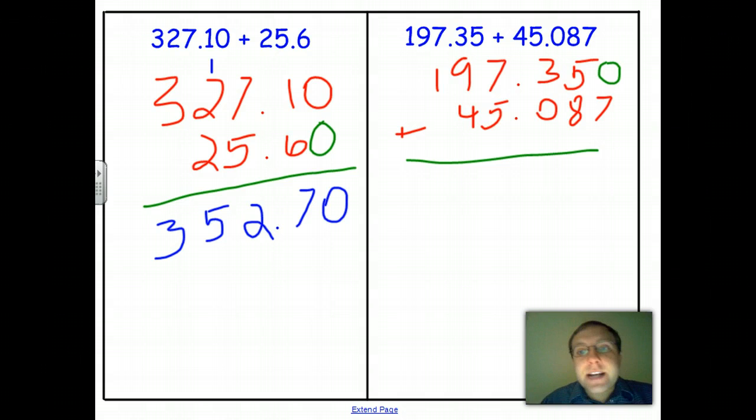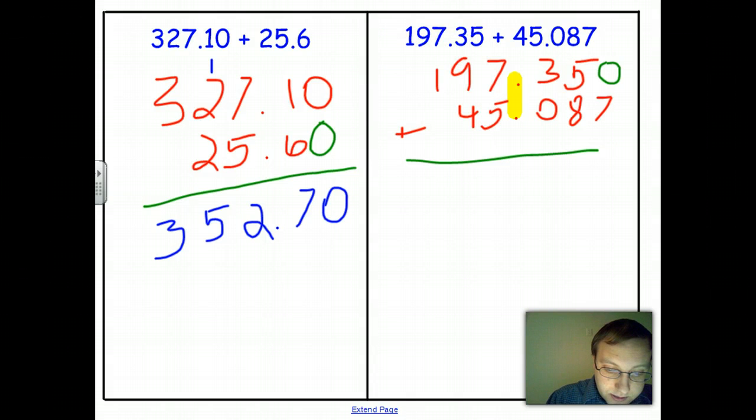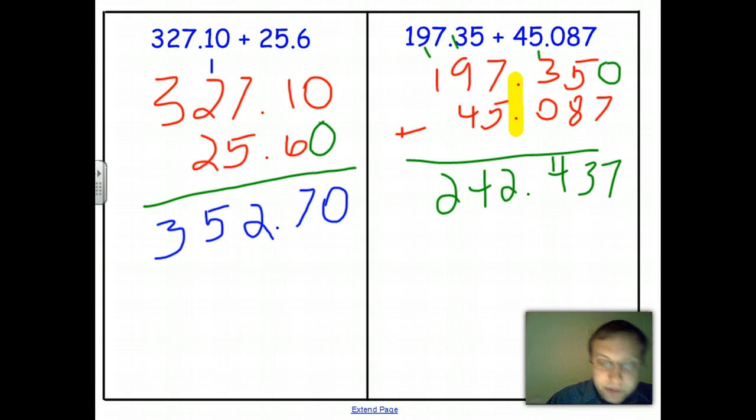And again, now that we've done this, all of our place value columns are lined up, and we're guaranteed for that because our decimal points are lined up. And now we've got 7 plus 0 is 7, 13, add a 1, 4, decimal point 12, add 1 more to here, becomes 14, add 1 more to the hundreds, and becomes 242 and 437 thousandths.